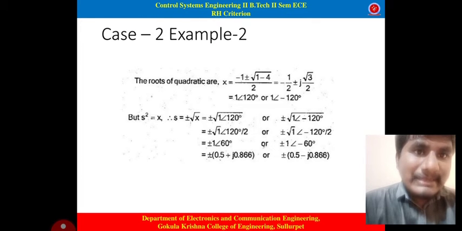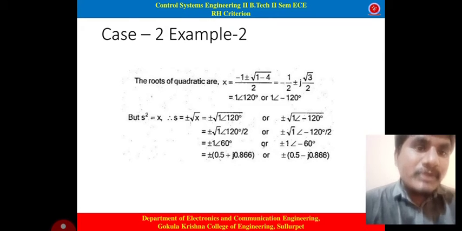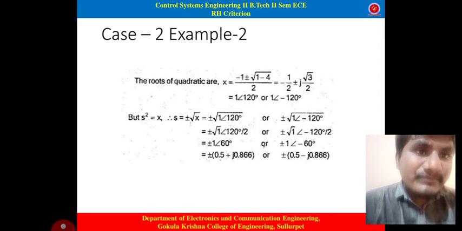Okay, and this is x. And what about s? So s is plus or minus the square root of x, because we have taken s^2 as x. Now after calculating we got 4 values for s, because the auxiliary equation is of order 4, so we will be getting 4 values for s.